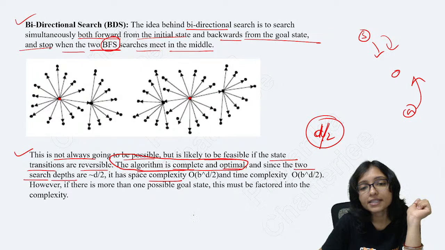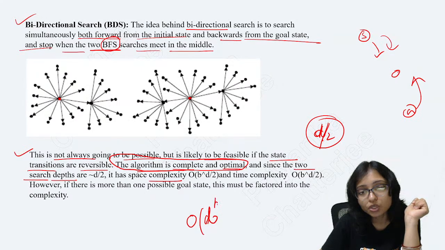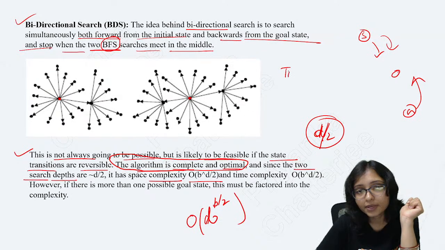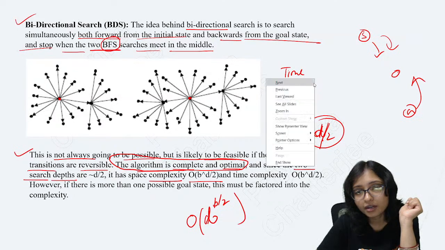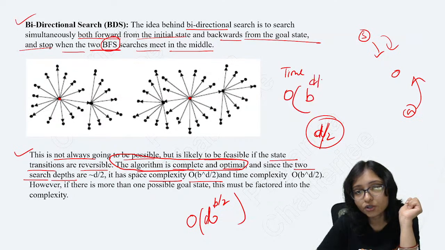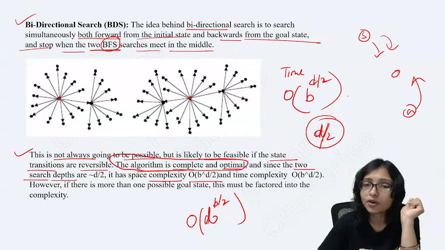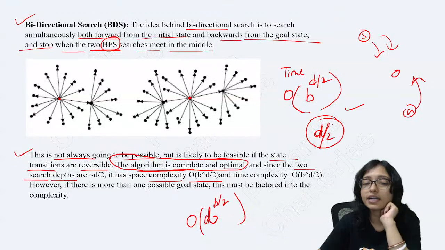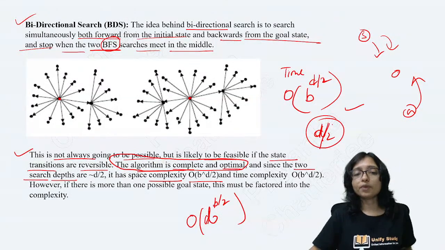The time complexity is order of b to the power d by 2, a little bit of improvement, and the space complexity will also be order of b to the power d by 2. That is an improvement.